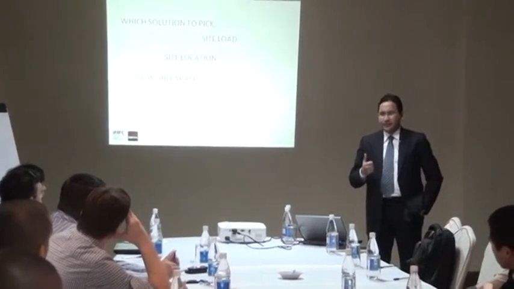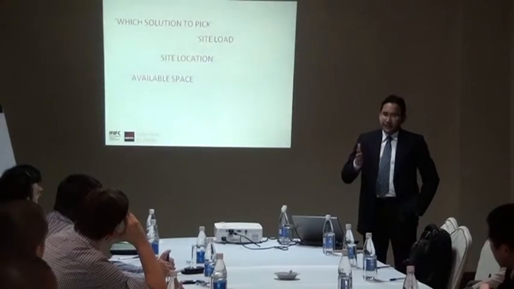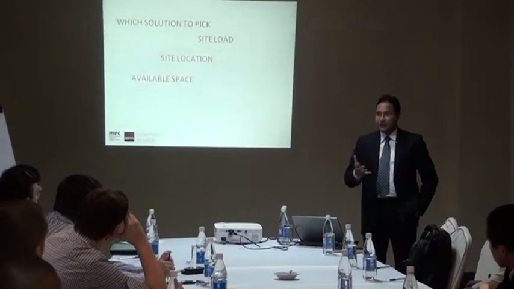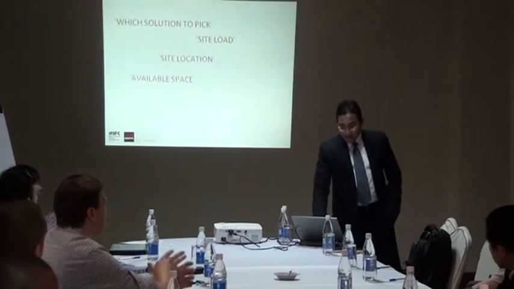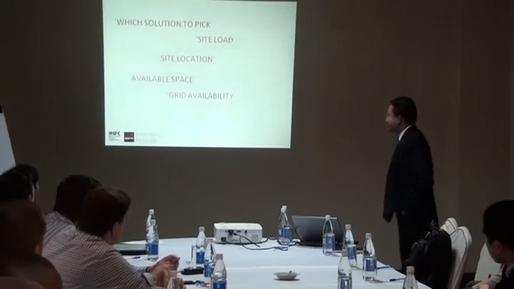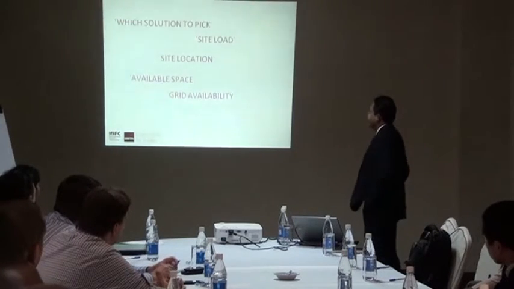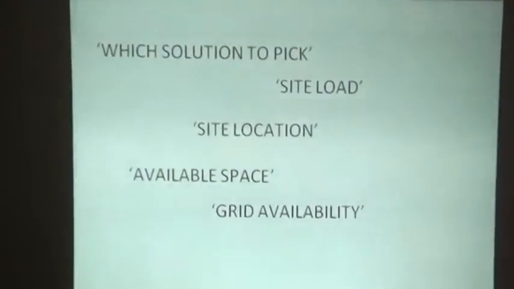For example, in urban areas you may have a site with frequent power outages, and you want an alternative power generation source. You can't actually think of solar, because maybe it's a rooftop site and you don't have enough space. So site location, space availability, and grid availability are the basic 5 elements you have to look through while assessing the feasibility of a green solution.